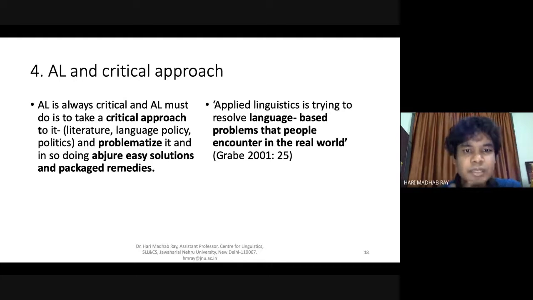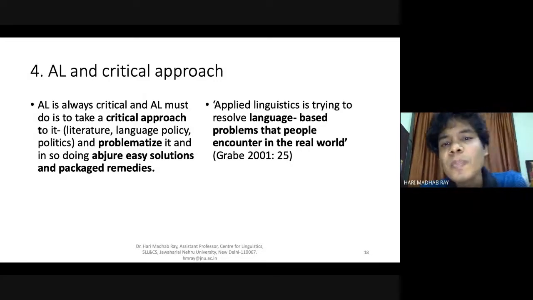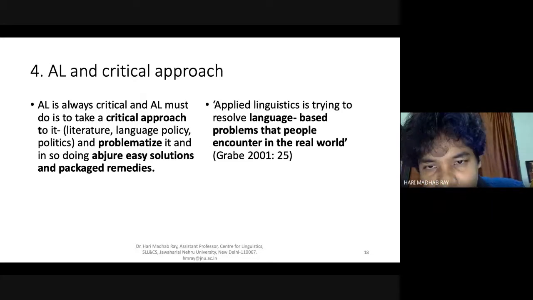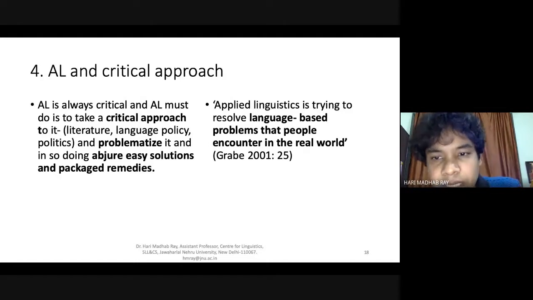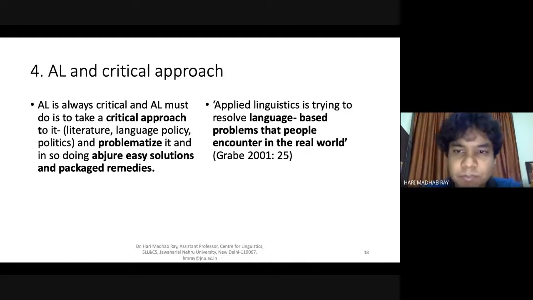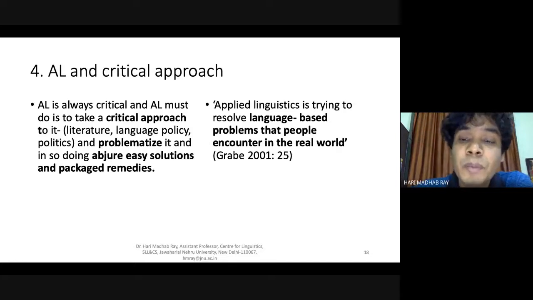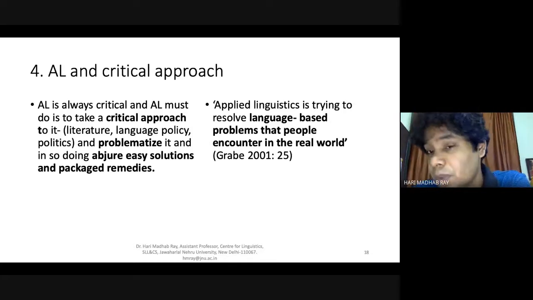So we should not give packaged remedies or easy solutions for this and that. Rather, we have to have a critical approach, try to problematize it, make some empirical research, and then try to solve the language-related problem. Applied linguistics tries to resolve language-based problems that people encounter in the real world.